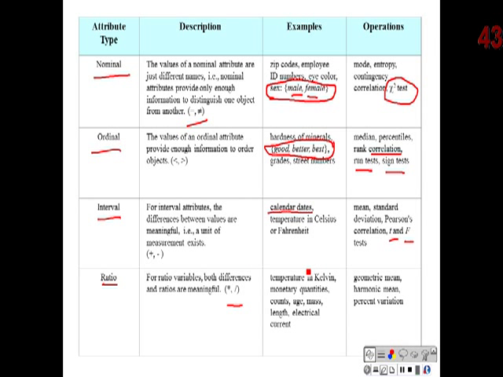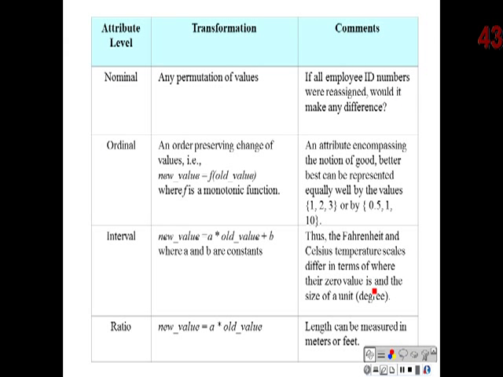To give you a very simple example, it's the age or the count, and here you can apply different operations like geometric mean, harmonic mean, and percent variation. As I said, don't concentrate a lot on this, but just learn to distinguish these different attributes when we see them in our data.